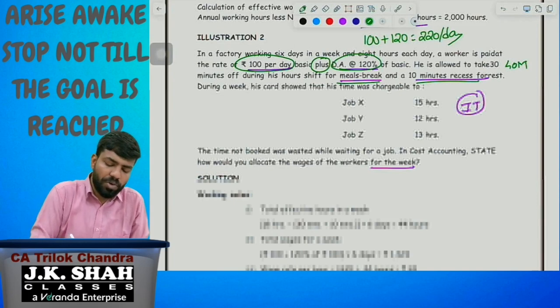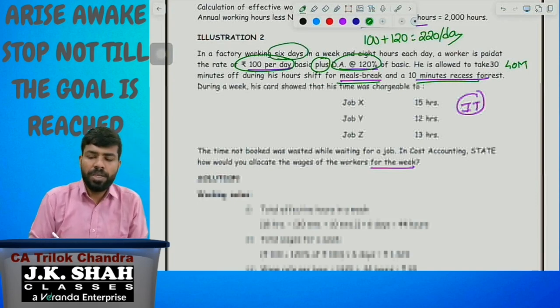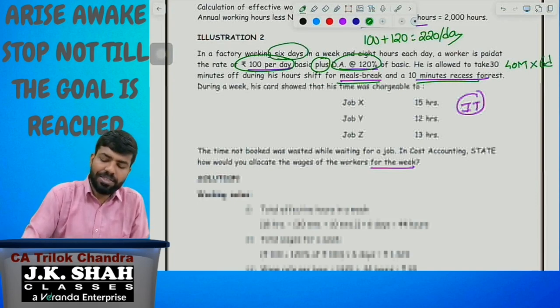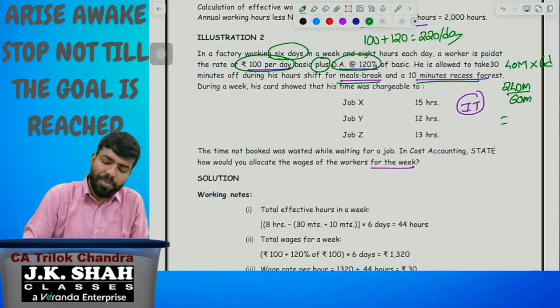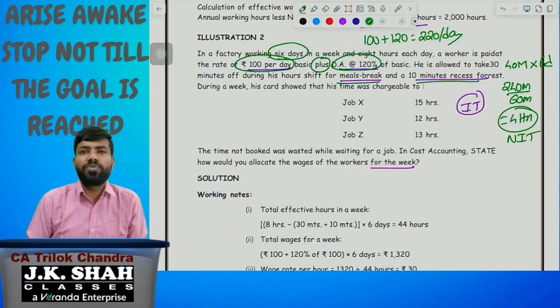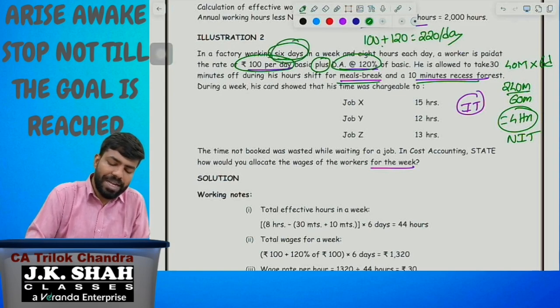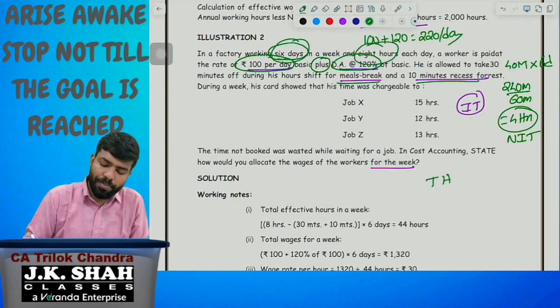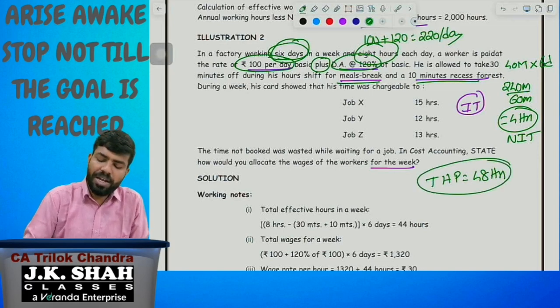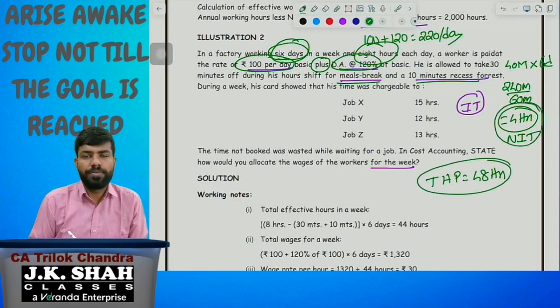If you look at the question, totally they are working for 6 days. 40 minutes into 6 days, you will get 240 minutes, divided by 60 minutes, we get 4 hours. So 4 hours is normal idle time. Totally how many hours? 6 days into 8 hours. Total hours paid is 48 hours. Normal idle time is 4 hours.